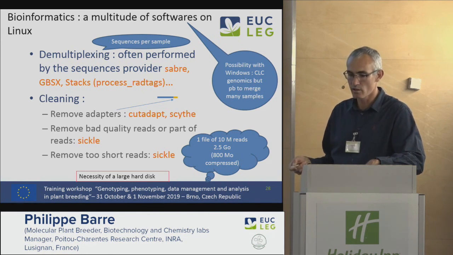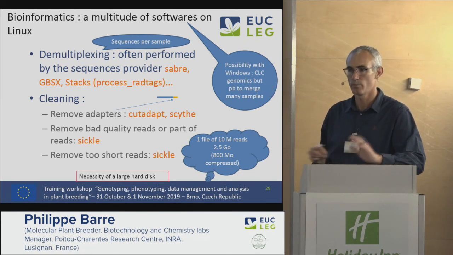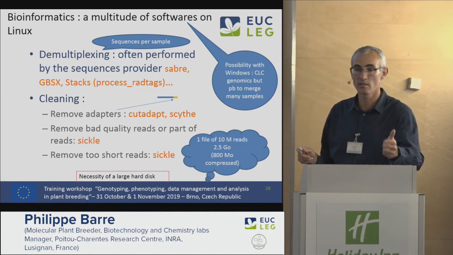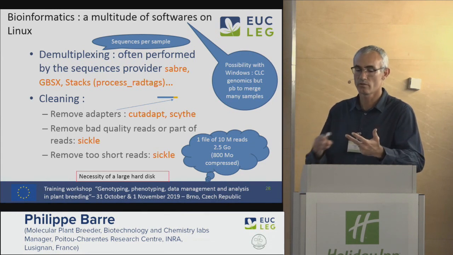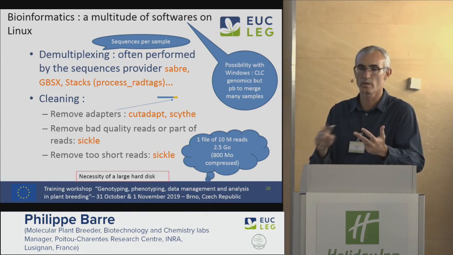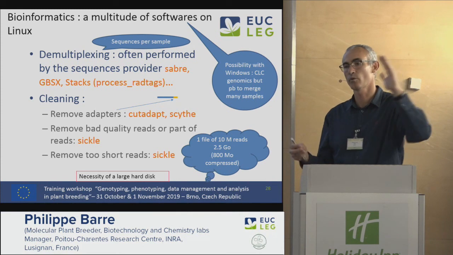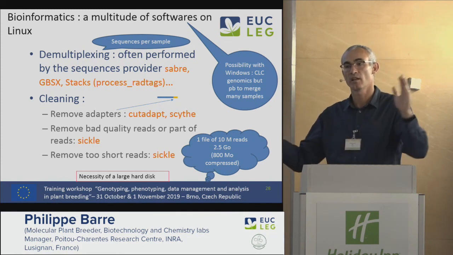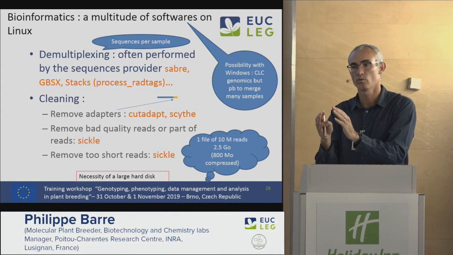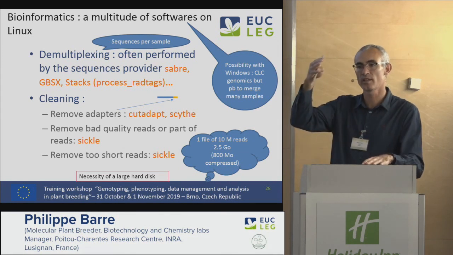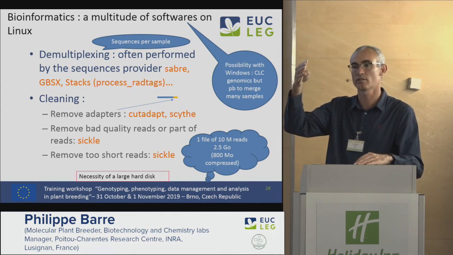The possibility to use Windows. So for example, I used CLC Genomics. It worked perfectly to do the demultiplexing, the alignment, and the variant calling. Nice, quick. The only problem I got is that you can do it for samples separately, and when you want to merge, you lose the information of the fixed SNPs on the reference.